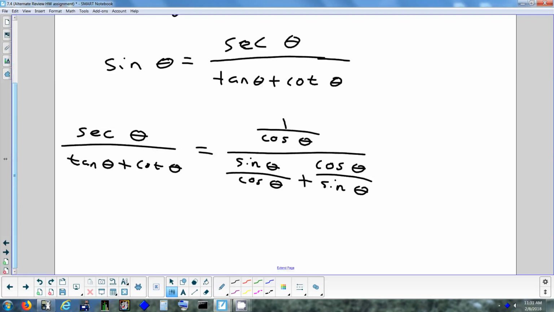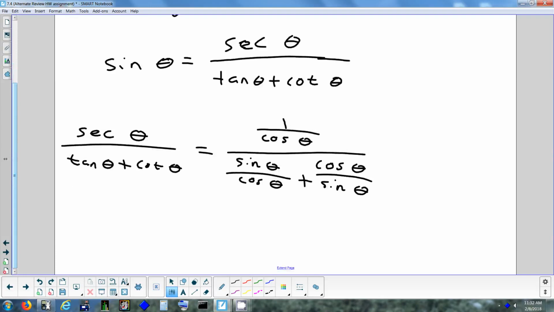In the top, there's not really much I can do. It's just a fraction by itself. But in the bottom, there is something I can do now. Anyone see what I can do? Just focusing on the bottom. Yep. Common denominator.